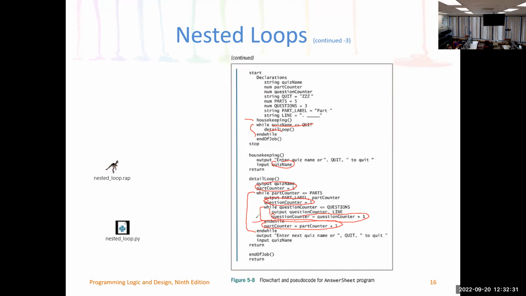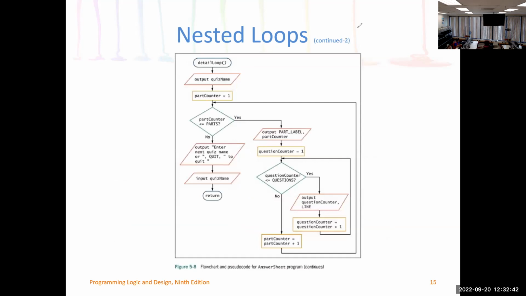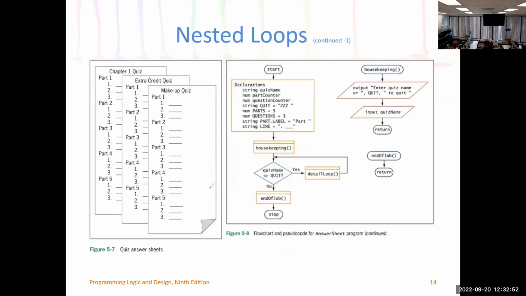I want you to pay attention and focus on the pseudocode, and to understand what you are expected to do with it. Also if you look at the flow chart, what you expect to do with the debugging exercise number 4, which normally is a flow chart.